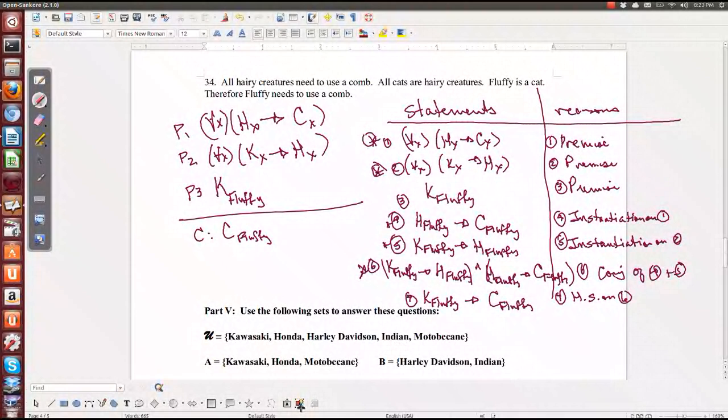I've got statement 7, and I've got statement 3. And so I always put my conditional first.